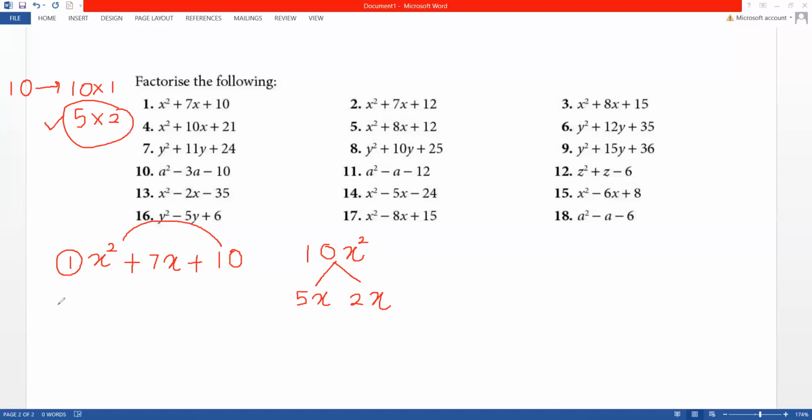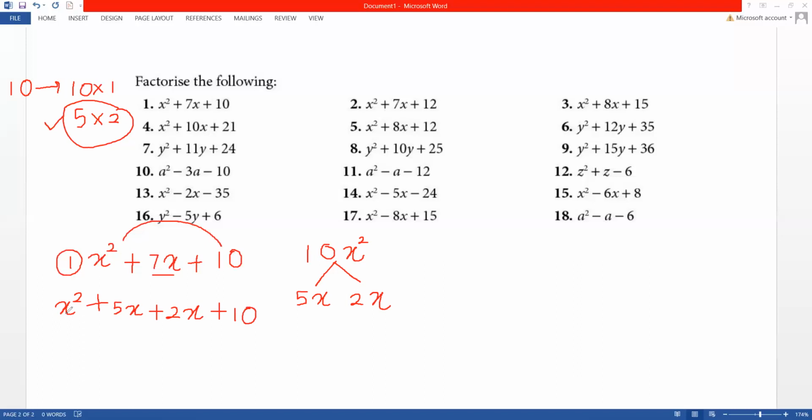Now I'm writing this again: x squared, and without writing this 7x, I'm writing these two parts. That means plus 5x plus 2x plus 10. Now I'm going to take the common terms.